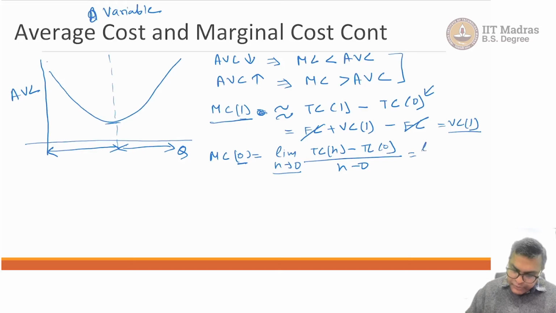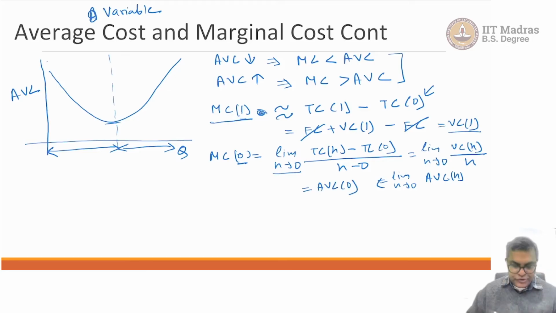And here also we will get the limit as h tends to 0 of VC to produce h units divided by h units, and this can be written as the limit as h tends to 0 of average variable cost to produce h units, and therefore, it is equal to, we can say, moving in this direction, average variable cost to produce 0 units.